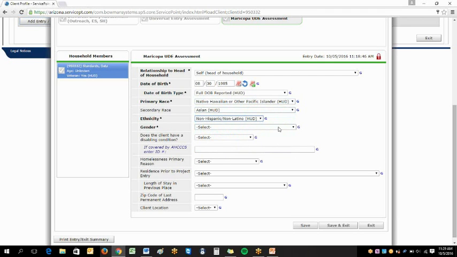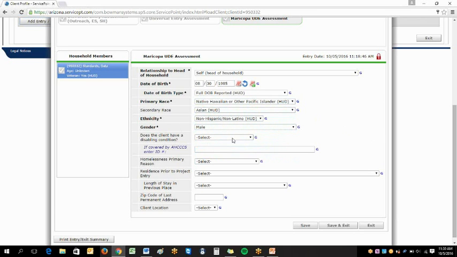Next, you have the question for your client's gender. We do have these options: female, male, transgender male to female, transgender female to male, does not identify as male, female, or transgender, and data not collected. Please note that this is where the change has now been implemented and the option of other has been removed.